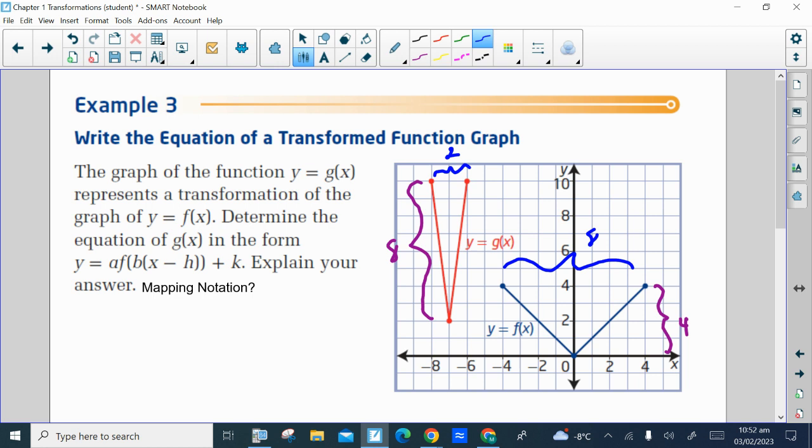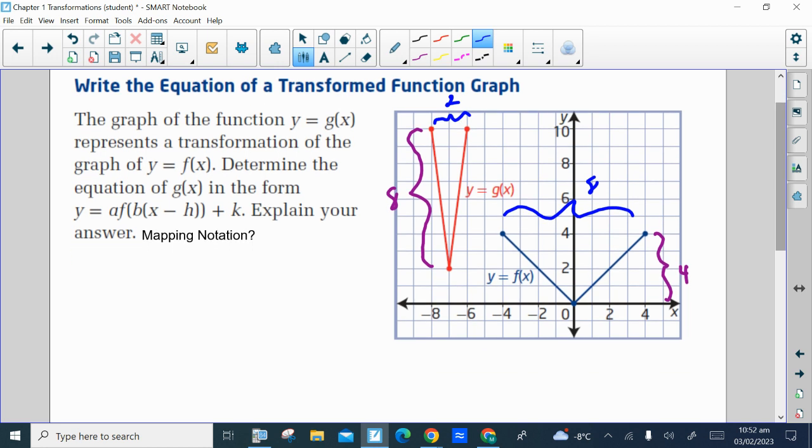So, before we write our equation, let's write all this out. Again, this graph has undergone a vertical stretch by a factor of 2. And remember, the vertical stretch is always about the x-axis.